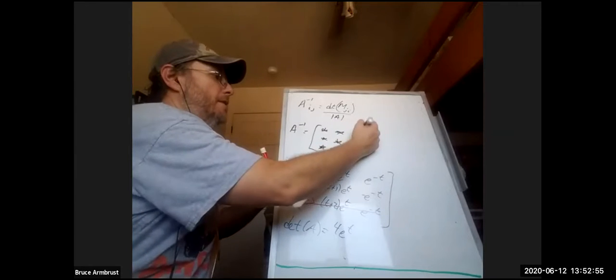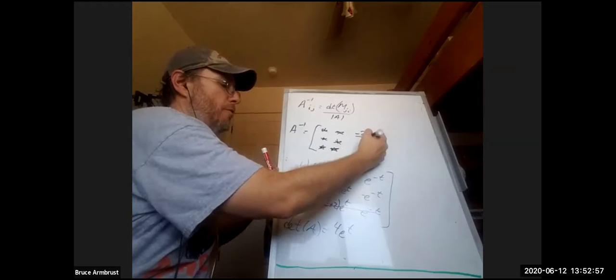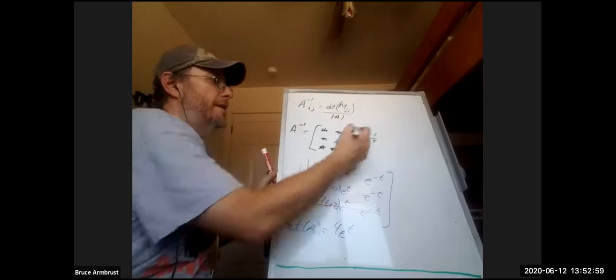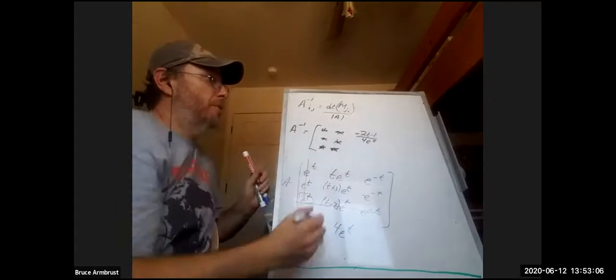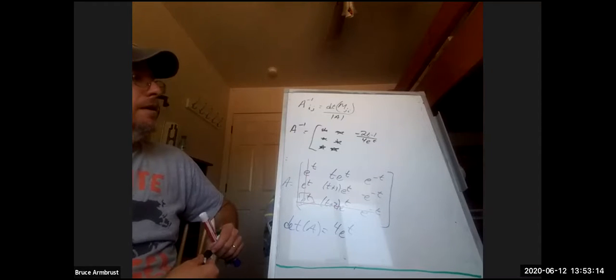But this next column, this is going to be minus 2t minus 1 over 4 e to the t. Okay, so that's in the 1, 3 spot.